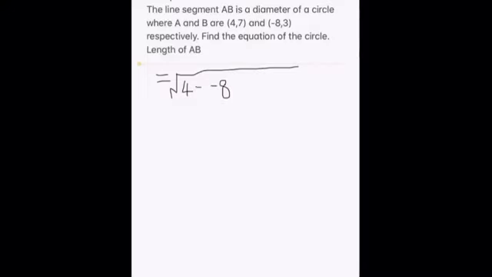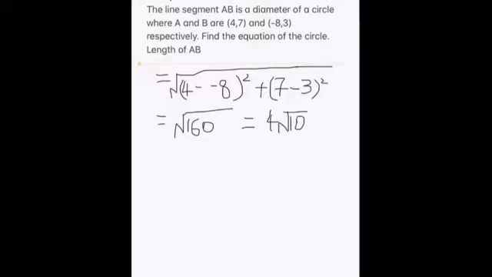And 160 can be found by multiplying 16 and 10, and 16 is the square of 4, so the square root of 160 equals 4 square root of 10. Since the diameter is 4 square root of 10, the radius is half, so the radius is 2 square root of 10.